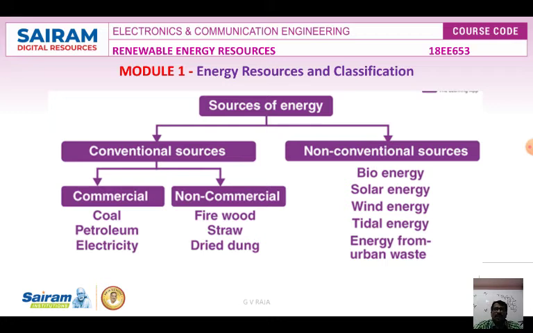According to the resources utilized, it is classified into conventional sources and non-conventional sources. Again, it is divided into renewable sources and non-renewable sources, and again into commercial sources and non-commercial sources.